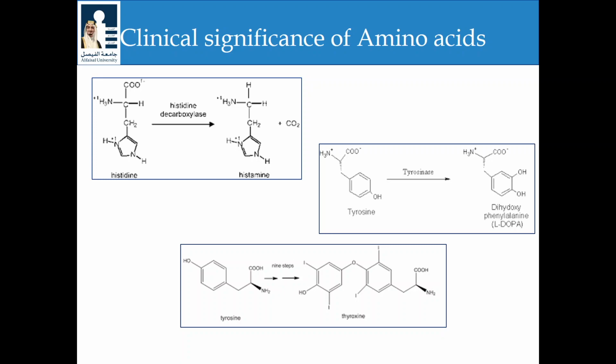And this histamine, it turns out, is a derivative of histidine. So histamine, which is responsible for all the nasty reactions that you experience when you have an allergic reaction, comes from the amino acid in our body, histidine. You just remove a carboxyl group from histidine and you end up with histamine.